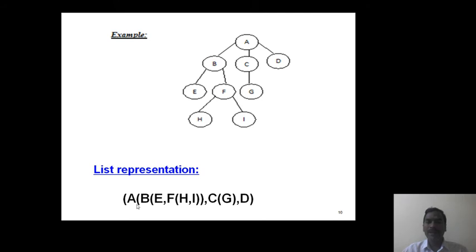Now from A's point of view, another subtree starts with C of G, comma, third subtree D. This shows the list representation of a tree data structure.